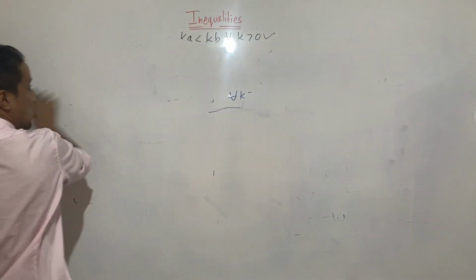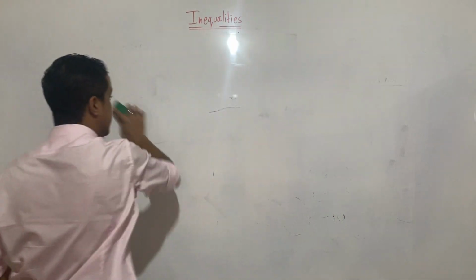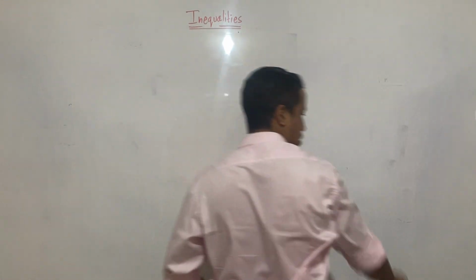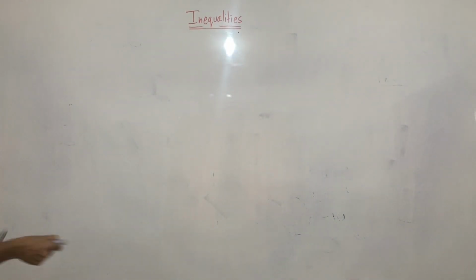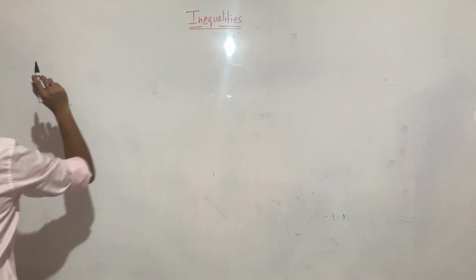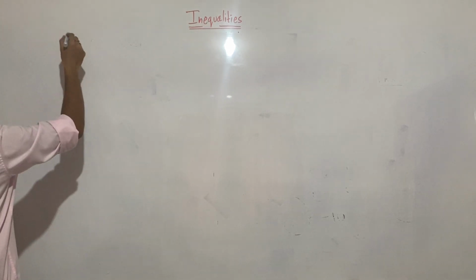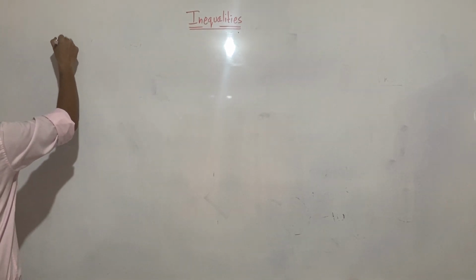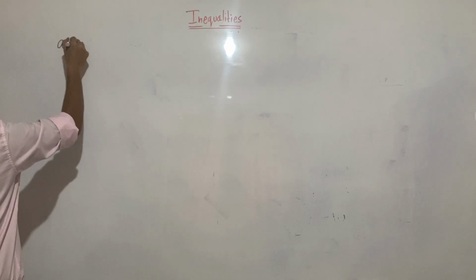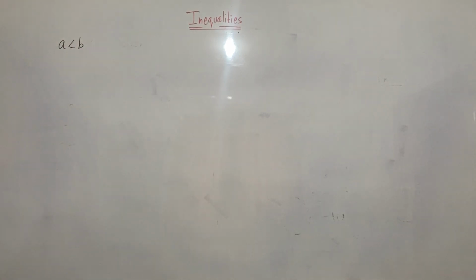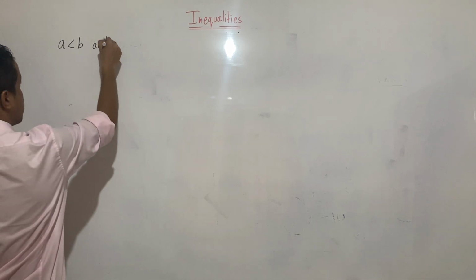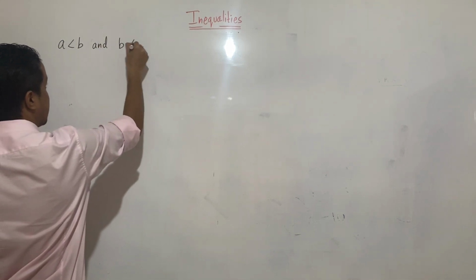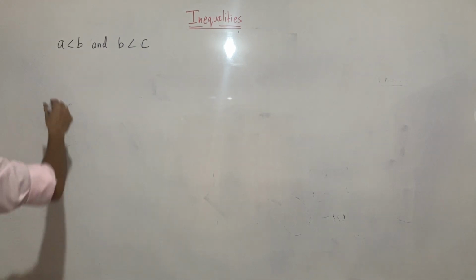Now come to the next property. The next is your transitive property. So what does the transitive property say? It says that if A is less than B, and B is less than C, what does it mean?